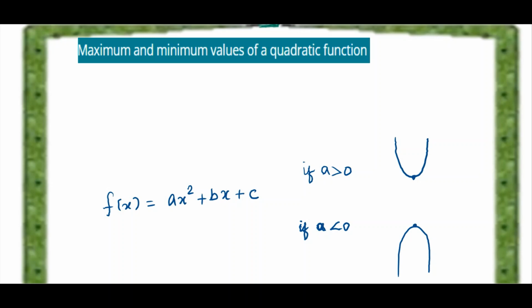This point is the vertex of the parabola. A point where the gradient is 0 is called a stationary point or a turning point. Every parabola has a line of symmetry that passes through the vertex.